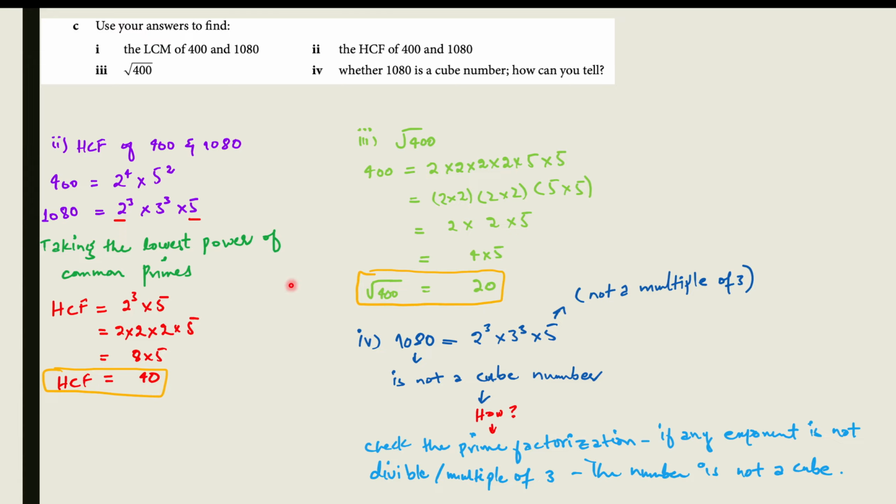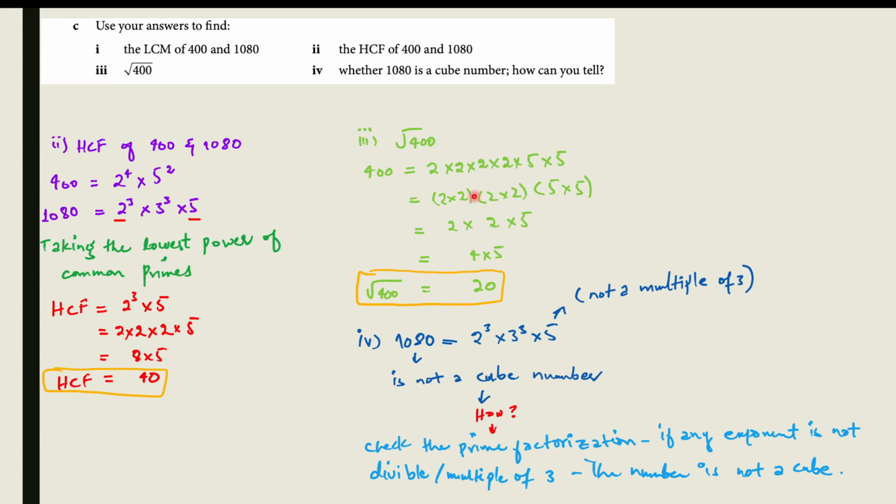Next, we come to the square root of 400 we are given, and we have to find what the square root of 400 is equal to. So again, we will be utilizing the product of prime factors for 400. We write these factors as factor pairs. For example, this is one pair, this is another, and this is the third one.